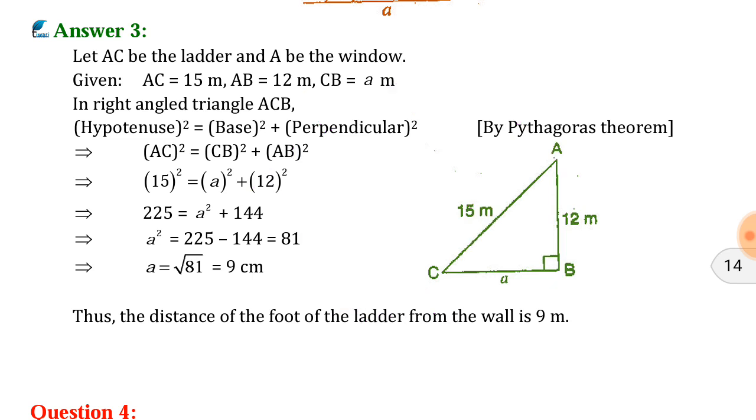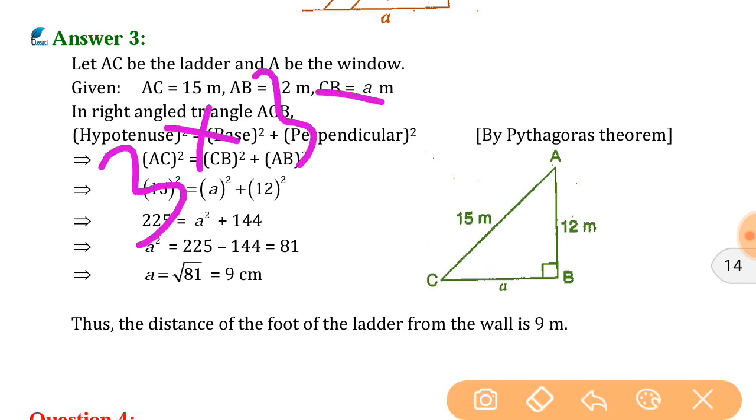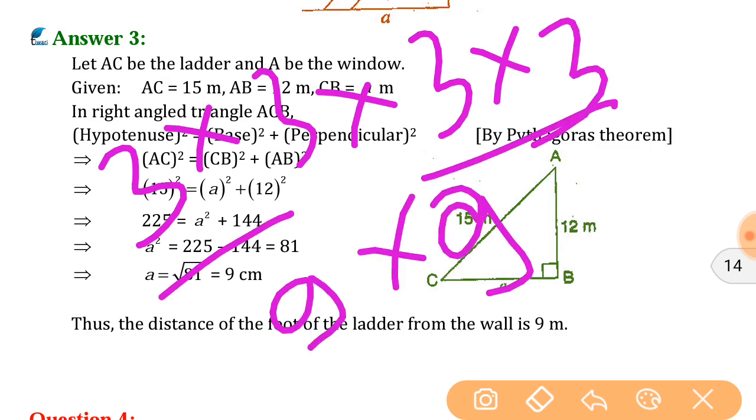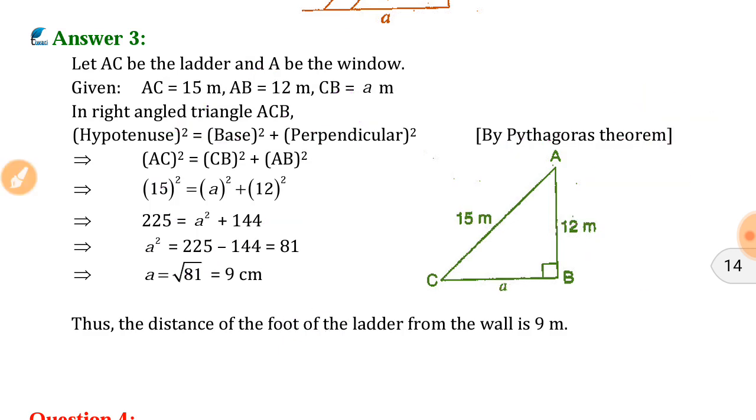So 3 into 3 into 3 into 3, four 3s are there here. See, we have to make 2 pairs. So 9 into 9. Is it not 9 square? So A square is 9 square, meaning A's value is 9. So this is how you have to find.